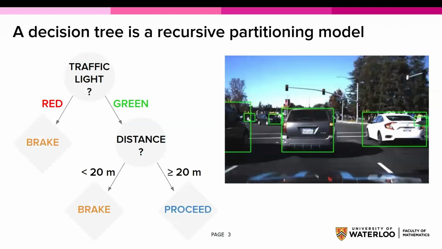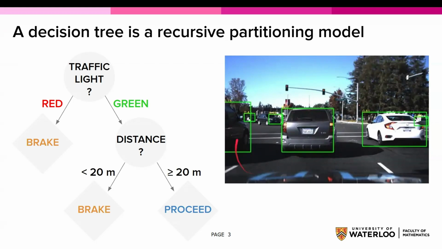As I mentioned, today we're talking about decision trees, a class of hypotheses characterized by recursive partitioning of the state space. These decision trees provide a framework for learning these kinds of rule-based decisions.